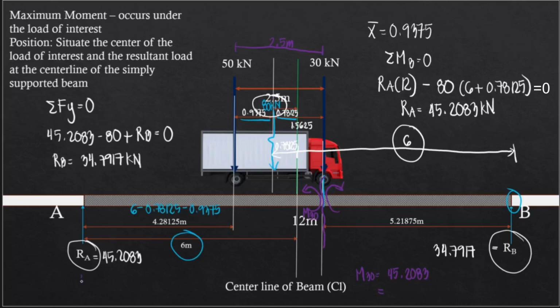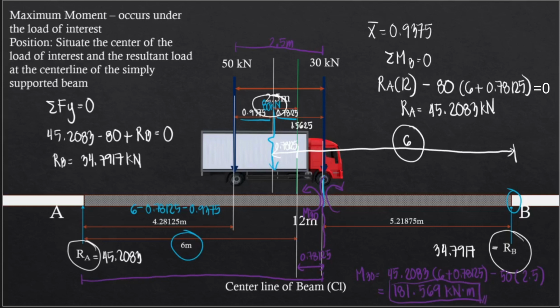This is from here up to the 30 kN load. We have a distance of 6 meters plus this one, 0.78125. So times 6 plus 0.78125, and then again minus 50 multiplied by 2.5. So we have here 181.569, and this is kN·m.